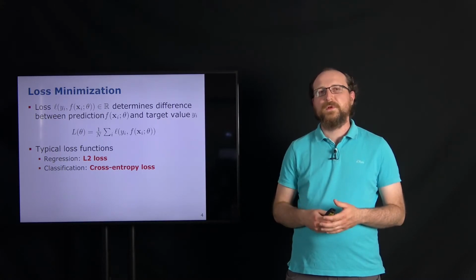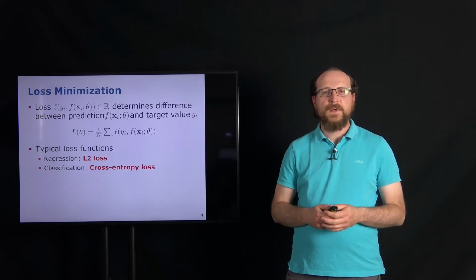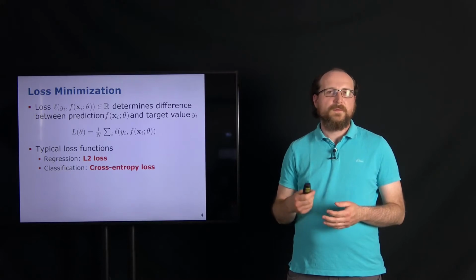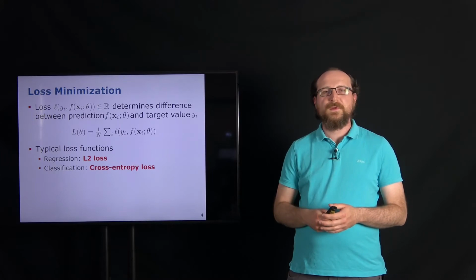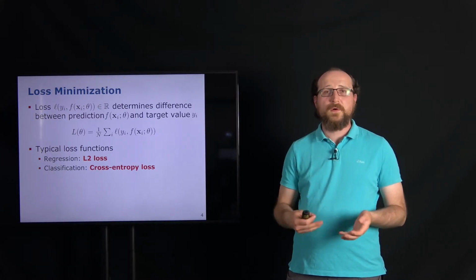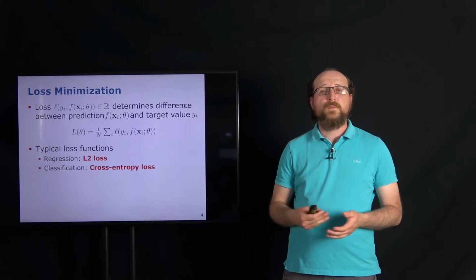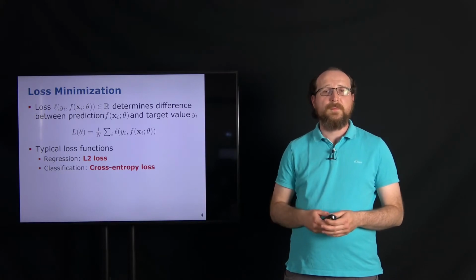The loss over the whole data set is then given by the average over the individual losses for each example. This is an important thing that we will later exploit for optimization: the overall loss over the whole data set decomposes into the losses for each example.